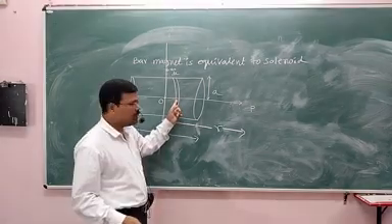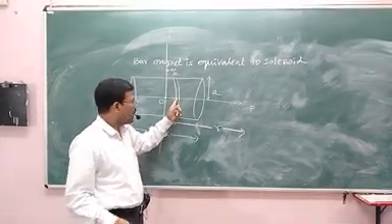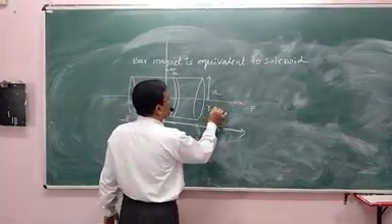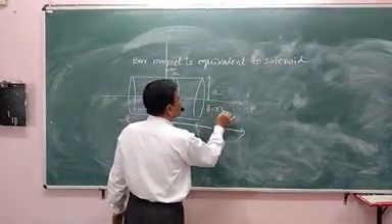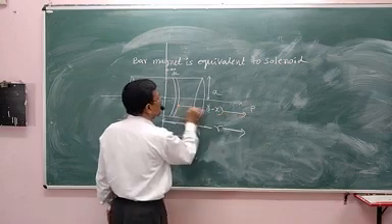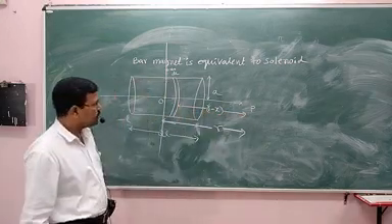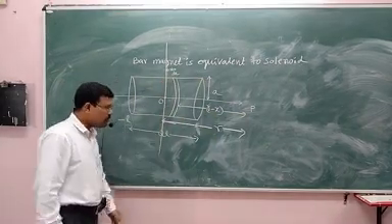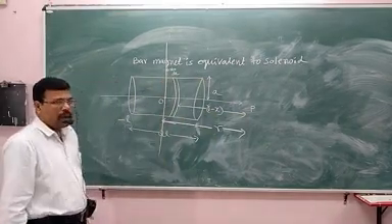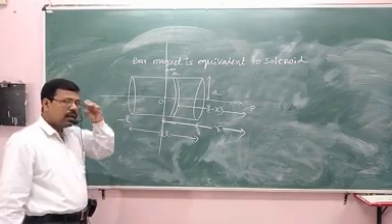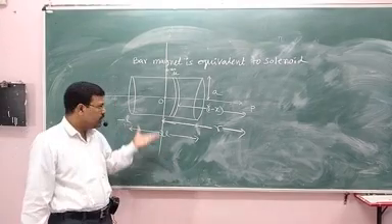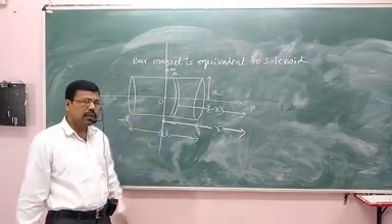So the remaining distance from the element to the point P is r minus x. This is r minus x. This is a, this is x. Now let us prove that this solenoid is equivalent to bar magnet.